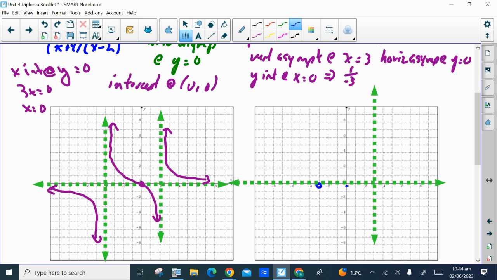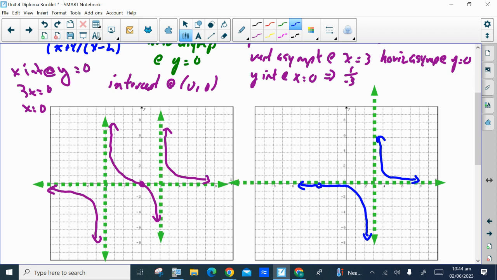So that's just a little bit lower than the point of discontinuity. This also confirms that the one arm of the graph is in the lower left-hand quadrant. And if you put the equation in your calculator, you will see that the other arm is in the upper right-hand quadrant. So there's the graph.